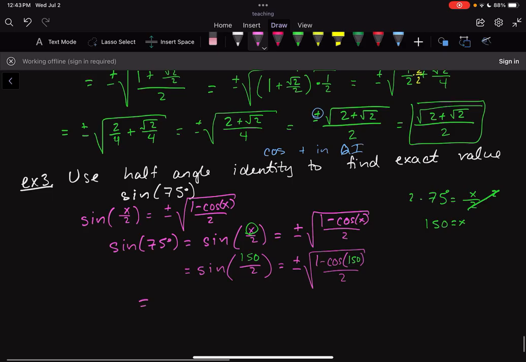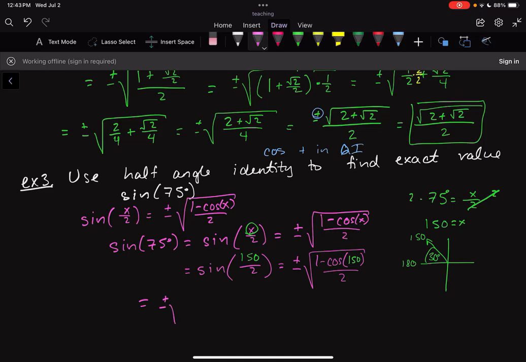And so again, the reason that we are doing this is because now we have an x value that we can actually work with. 150 has a reference angle of, I'm pausing so maybe you can think about it, 30 degrees. So I know cosine of 30, so I can know cosine of 150.